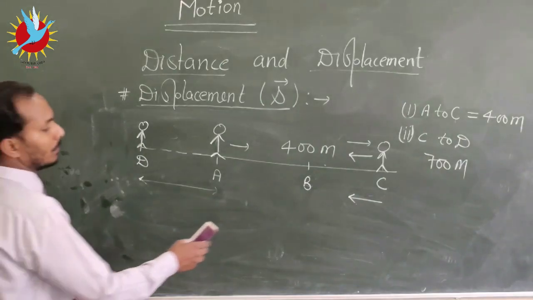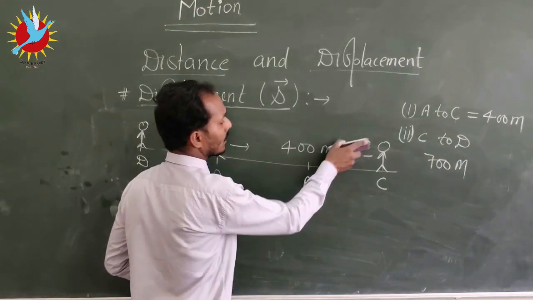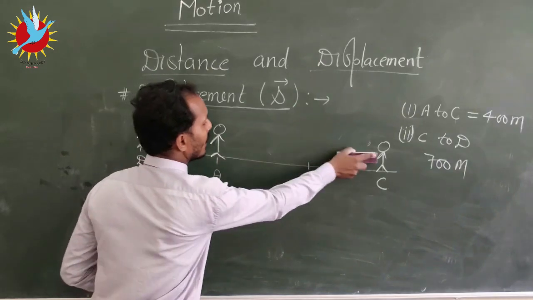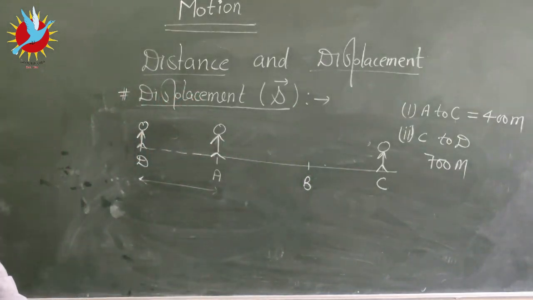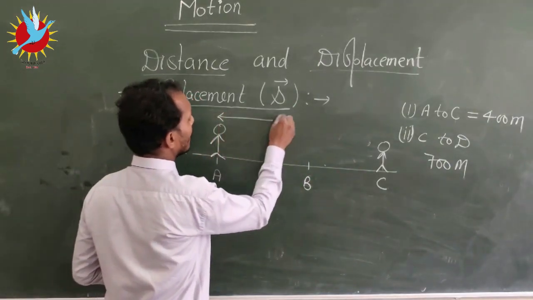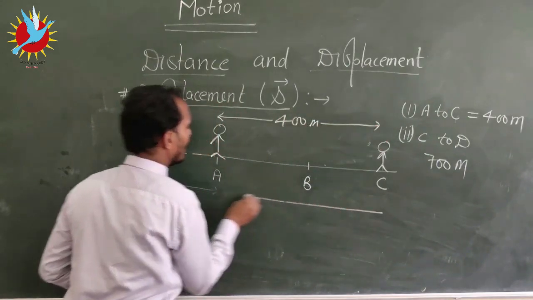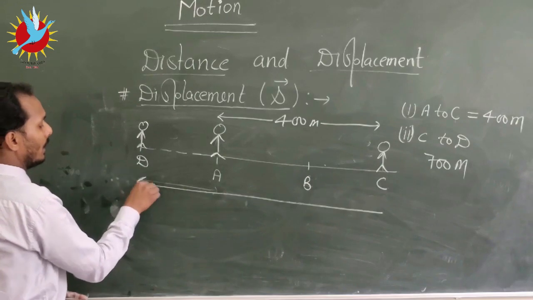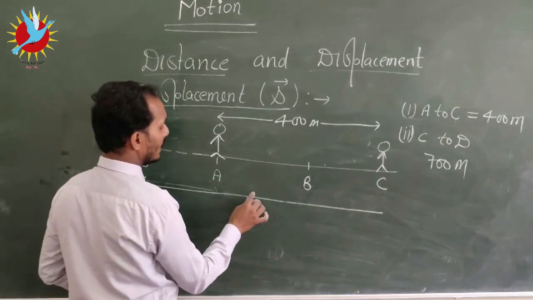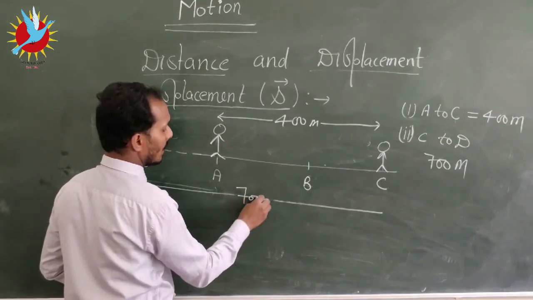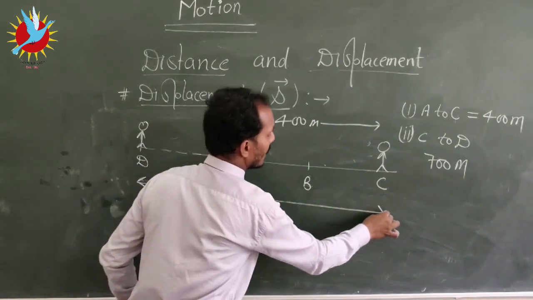What it means is the path distance between A to C is 400 and C to D is 700 meter.